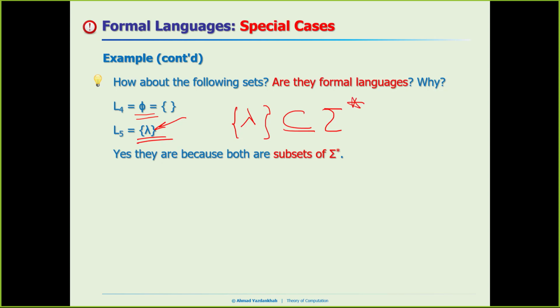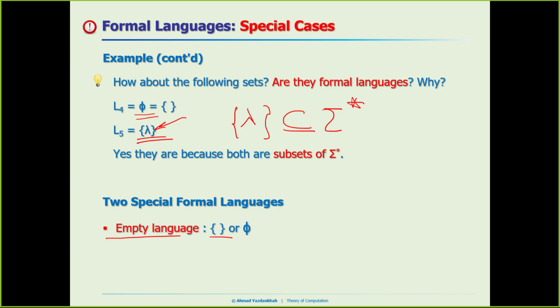So these two are special formal languages, and we have two names for them. The empty language, this one or phi, and the lambda language, this one. We will see later why we introduce these two.